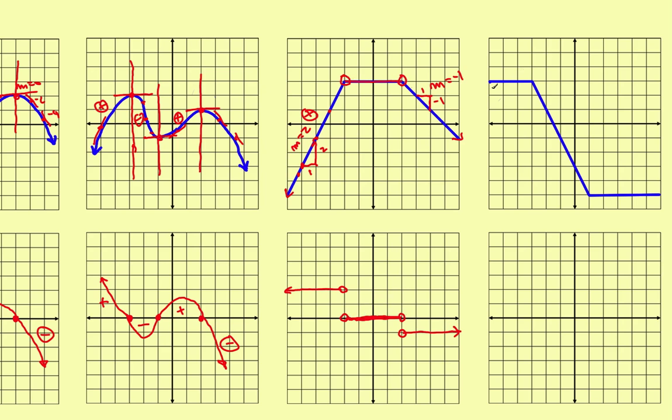Let's try this one. Now, in this interval right here, the slope of that line is horizontal, and that means that the slope is 0, so the derivative graph goes right through 0 to right there. Then, in this interval, let's find the slope. You go over 1 and down 2. In this interval, the slope would be a -2.